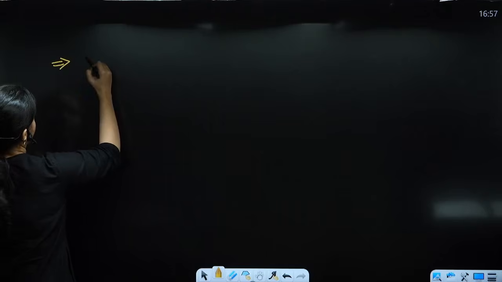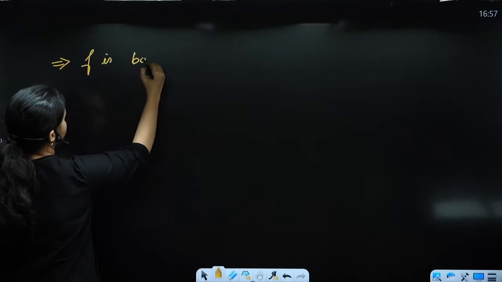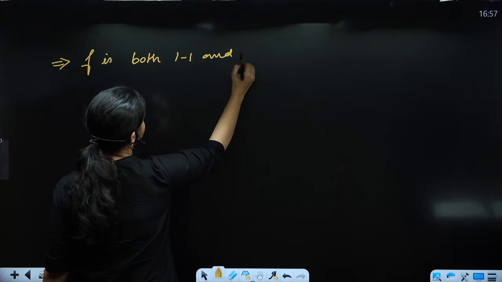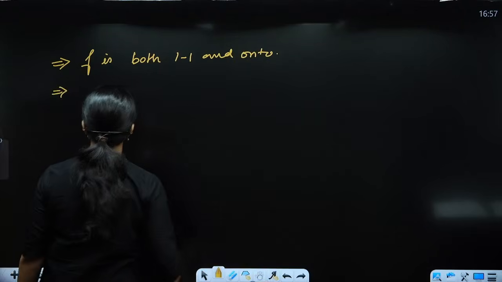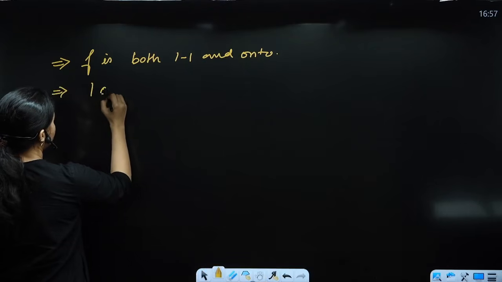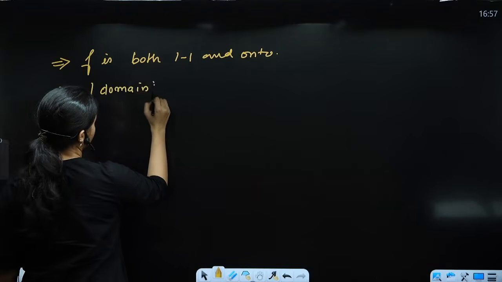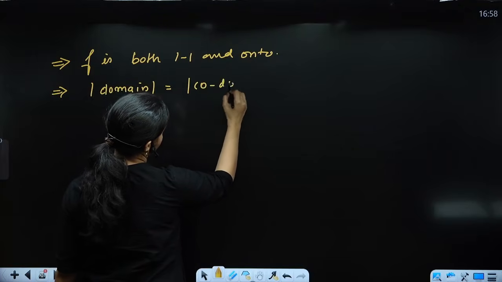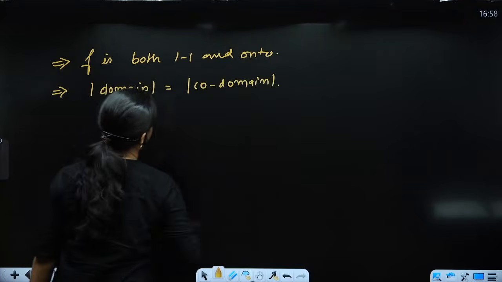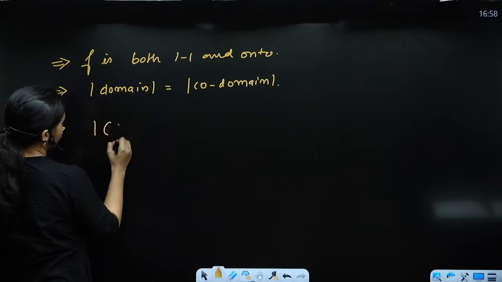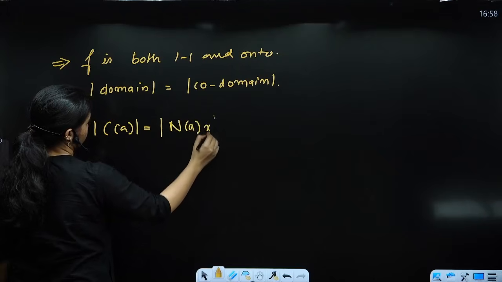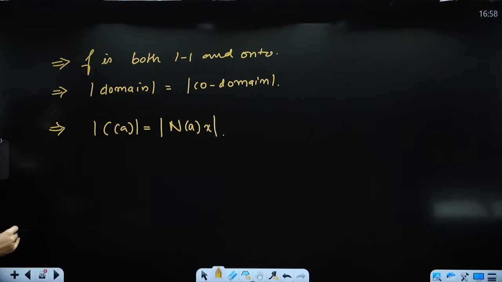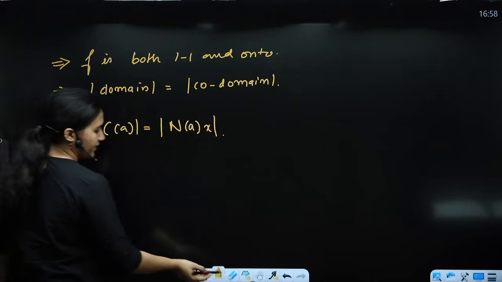So finally, in the concluding part we will write that f is both 1-1 and onto, which implies that the cardinality of the domain equals the cardinality of the codomain. This implies that the cardinality of C of a equals the cardinality of the set of cosets, or we can write T here only.